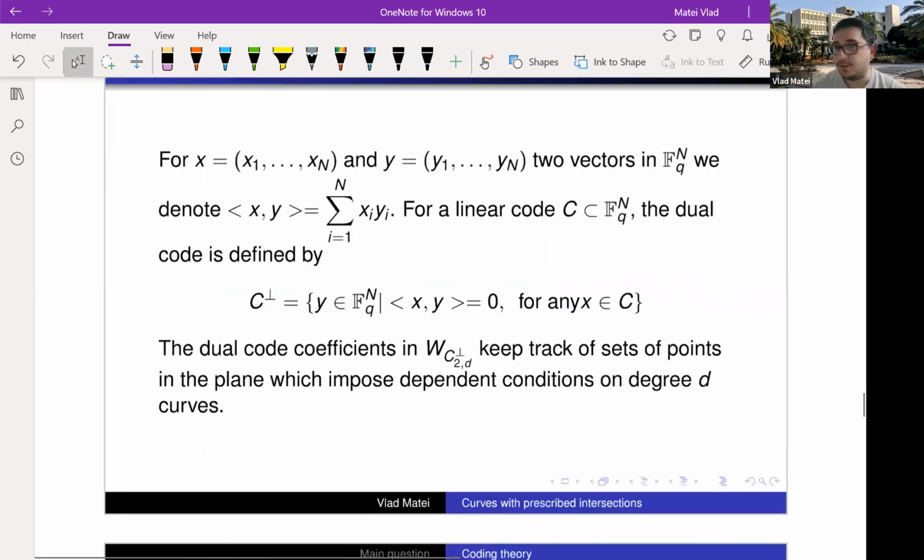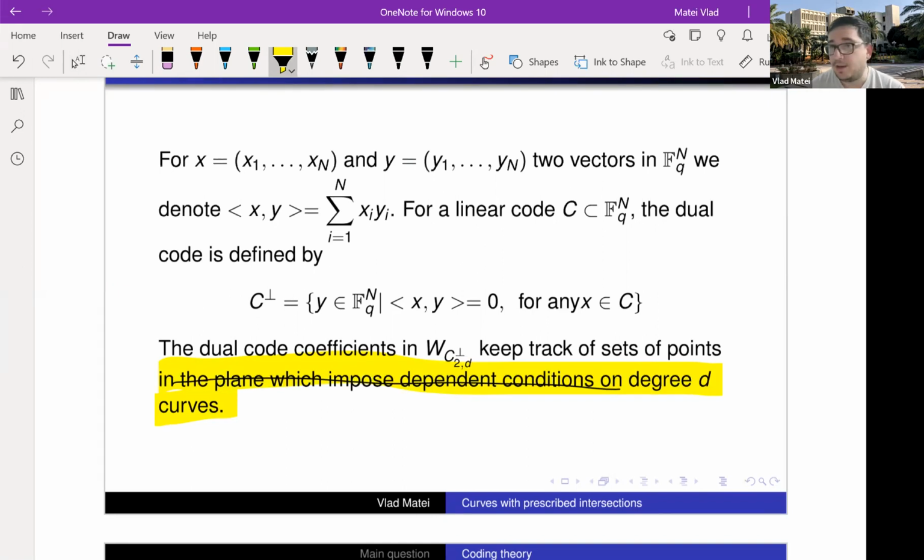But what I want to say is that, okay, the code itself keeps track of some interesting information about how many points you have. The dual code keeps track of something even more interesting. Sorry, so I should highlight this. Namely, dependent conditions on curves, okay? So you want to see how many curves you expect passing through a set of D points? Well, you're going to be unlucky sometimes.